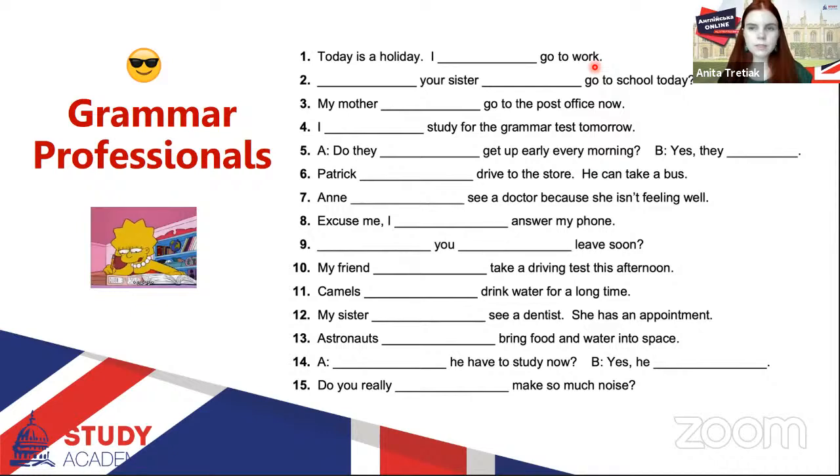Does your sister have to go to school today? Why is it does? Because we have your sister, it's like she, third person. And that's a question, that's why do or does goes in the first place. So it's something like, does your sister have to go to school today?